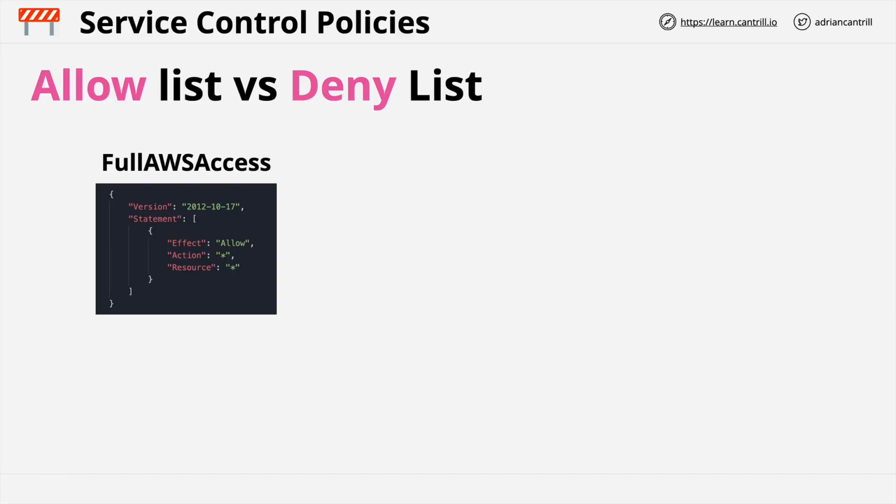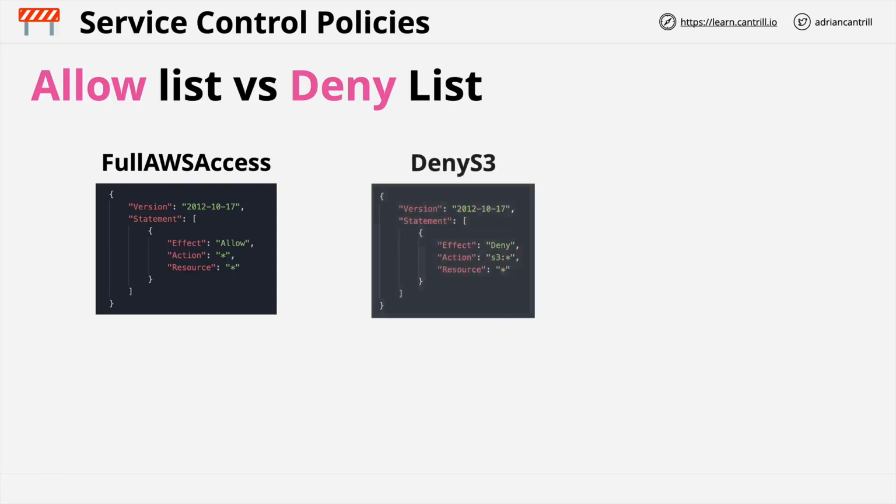An example is that you could add another policy such as this one called deny S3, and this adds a deny policy for the entire S3 set of API operations, effectively denying S3. You need to remember that SCPs don't actually grant any access rights, but they establish which permissions can be granted in an account.